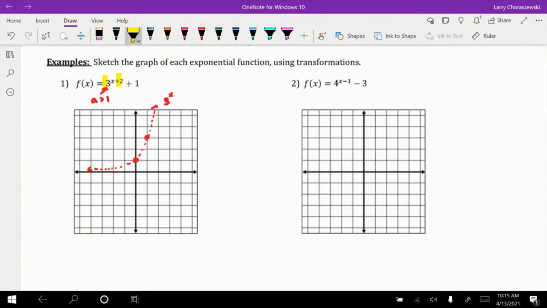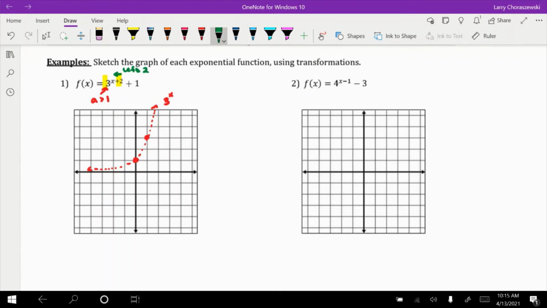But in the exponent, we are adding 2 to x. Any offers as to what that might do? Yep, left by 2 units.